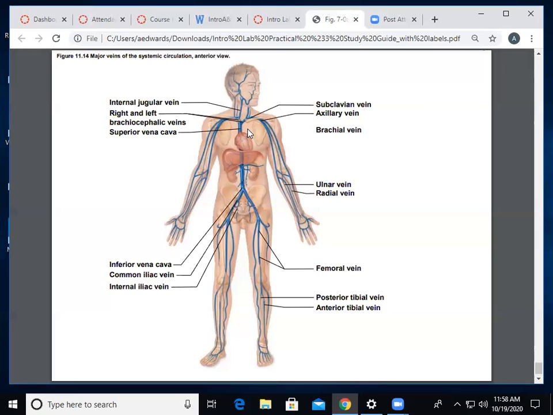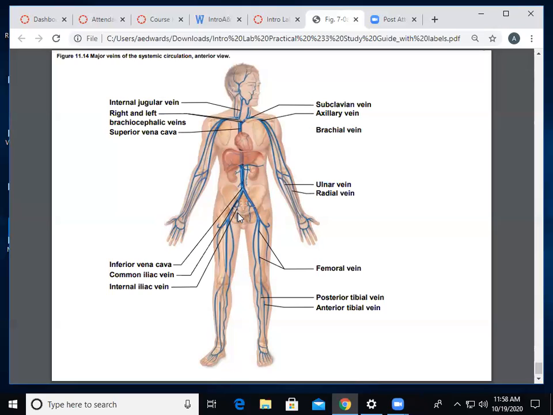Good question. So for the legs and the tibia, we've got the anterior and posterior tibial vein. This one is more toward the anterior. That one's going toward the posterior. They feed into the femoral vein, located by the femur. Then they're going to feed into the common iliac vein.